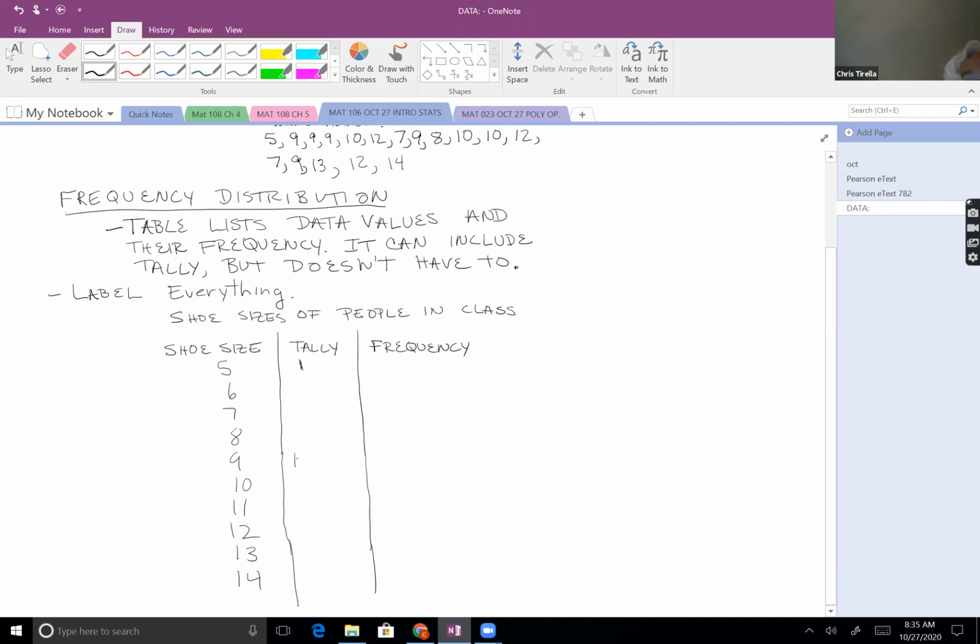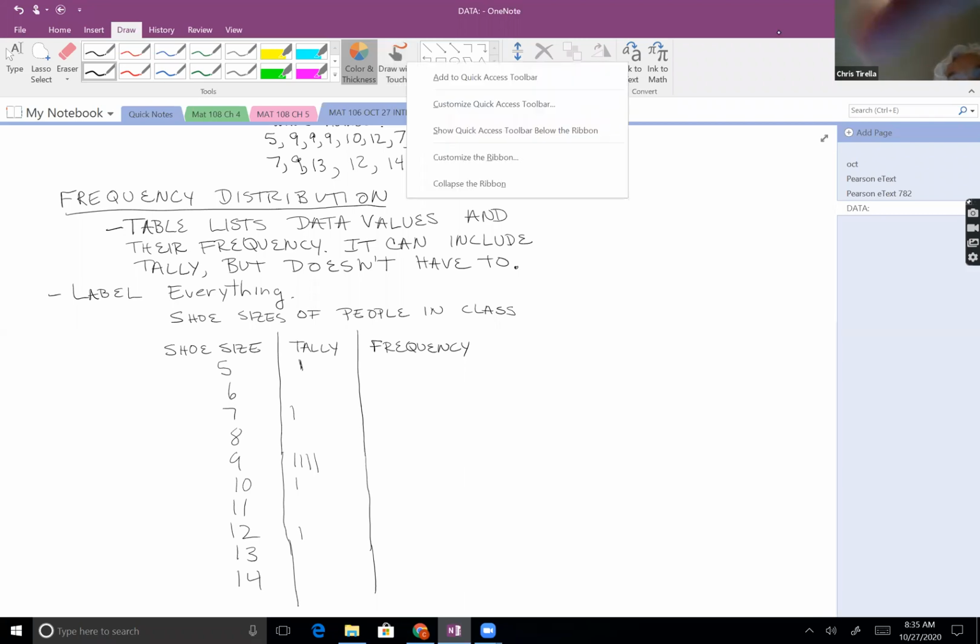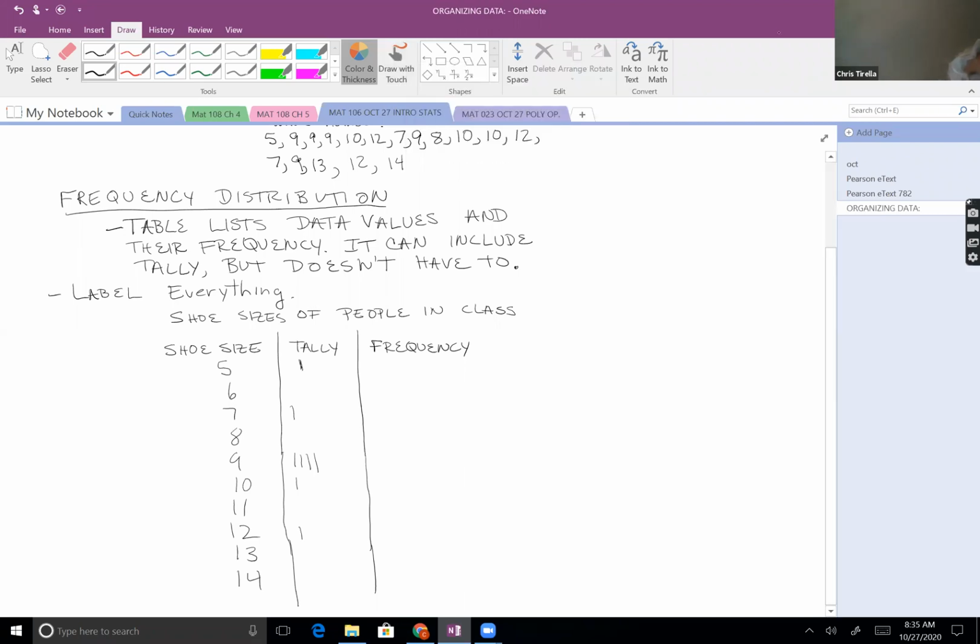Then there's 3 9s, then a 10, then a 12, then a 7, another 9, an 8. Oops, sorry about that. 2 10s, another 12, another 7, another 9, a 13, another 12, and a 14.